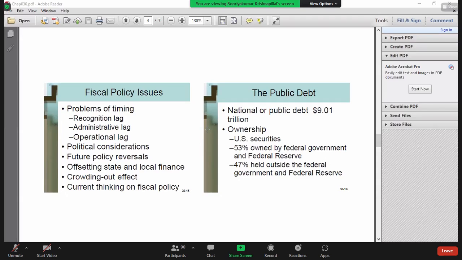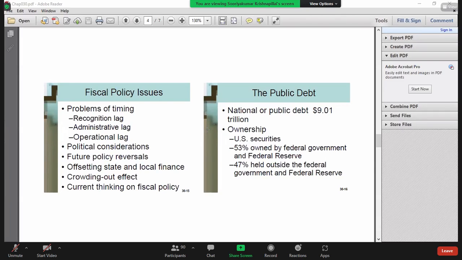After taking the decision, we have to increase government expenditure or reduce the tax through administration. Then, when we implement the increase in government expenditure or tax cut, the impact on output, employment or prices takes time.